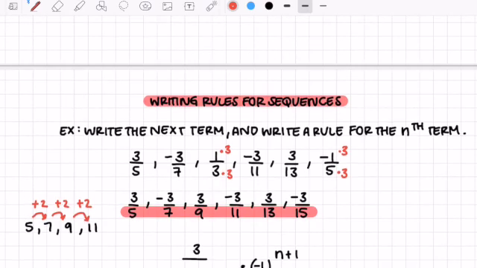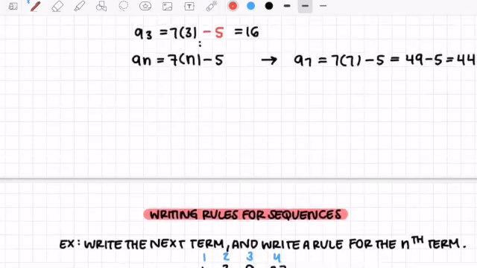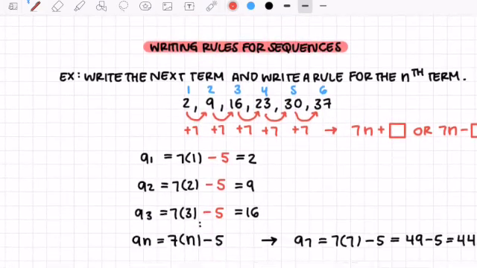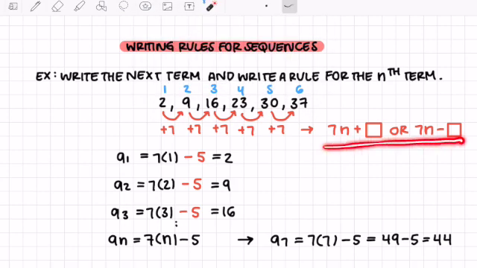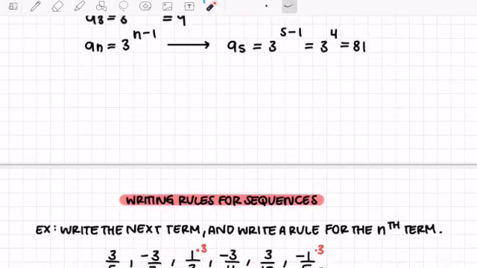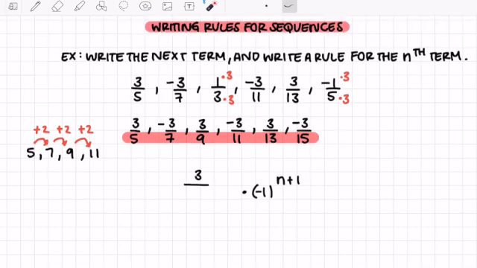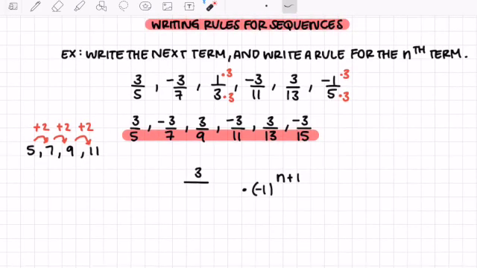And if you notice, if you're increasing, we want to try using one of these two rules, where whatever you're adding is going to multiply with n, and we're either going to add a number or subtract another number consistently. So in this case, we have here 2n, and it has to equal plus or minus 5.